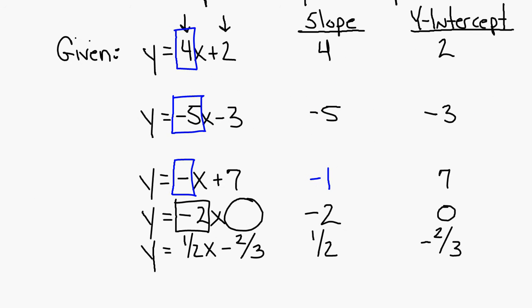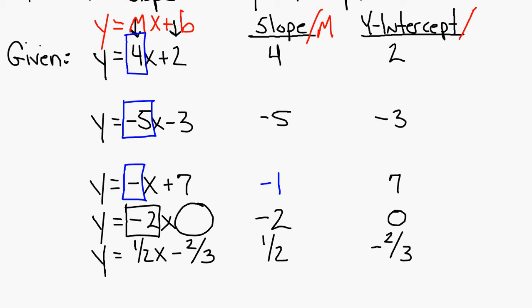Well, in this table that we just did, the slope, these were all the m's. The y-intercept is in the same position as the b, so the y-intercept is also referred to as the b.